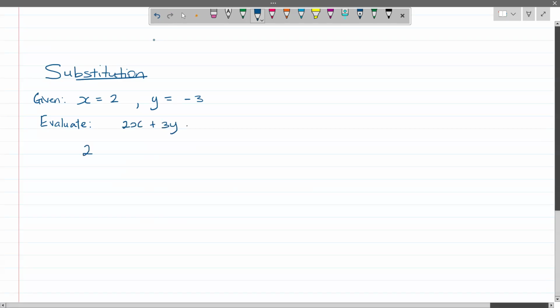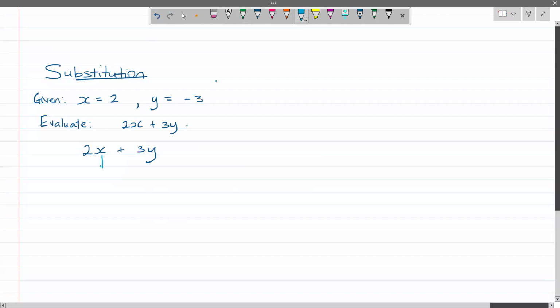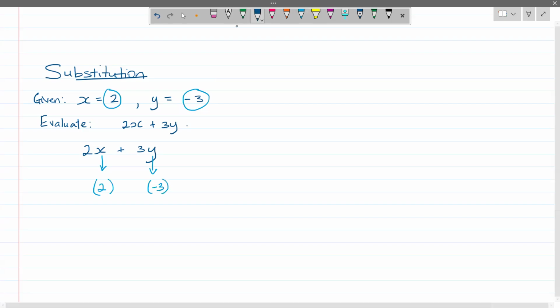This is what is happening. These values of x and y will be replaced by the numbers given in the question. So I'm replacing this x with a 2. I'm replacing this y with a negative 3. And I'm putting back the things that I had above.